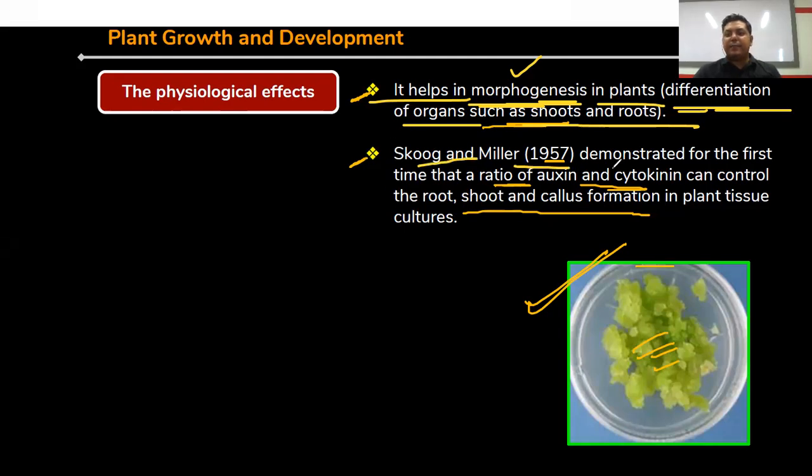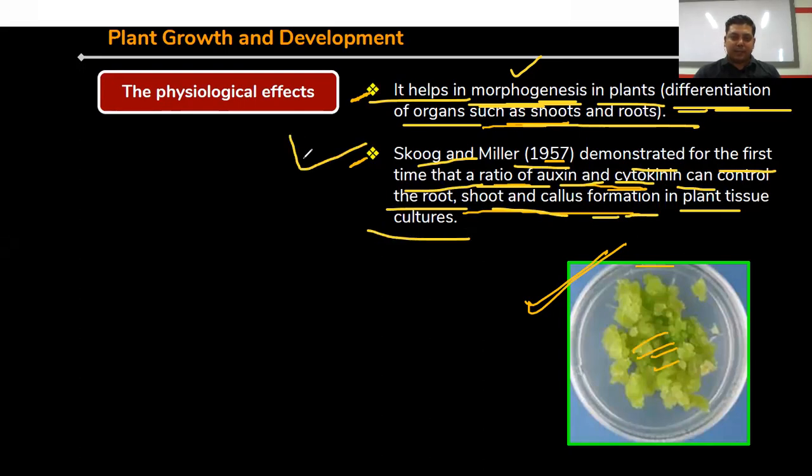Skoog and Miller in 1957 demonstrated for the first time that the ratio of auxin and cytokinin can control root, shoot, and callus formation in plant tissue culture. Clear? This is important. Their ratio is very important for tissue culture.